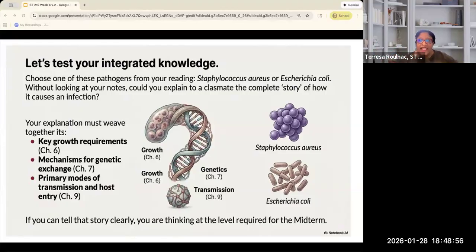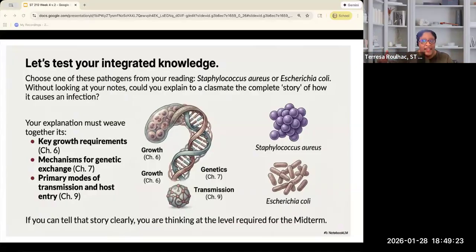I like that one. So you're looking at Escherichia coli. Cut, Staphylococcus aureus. You see how that starts to come together just based on how you're building your story, how you're connecting the different pathogens.